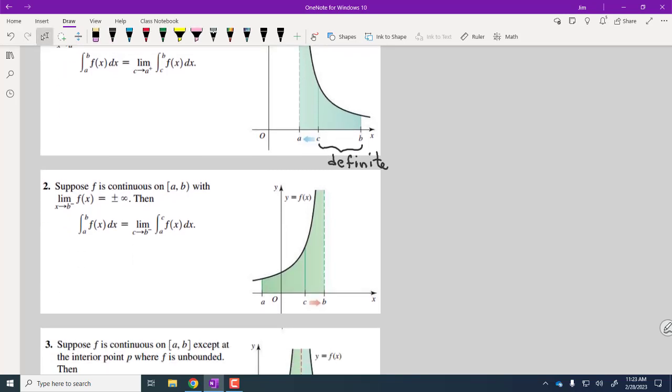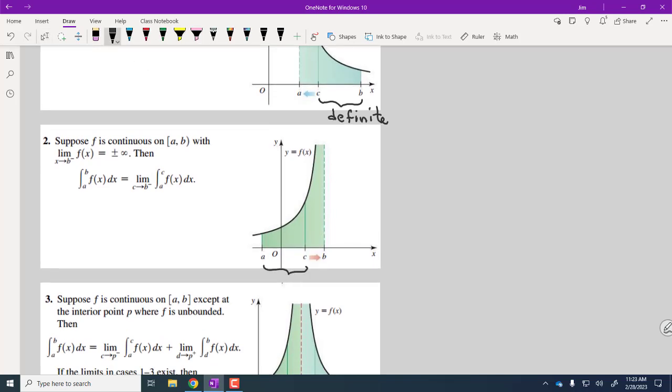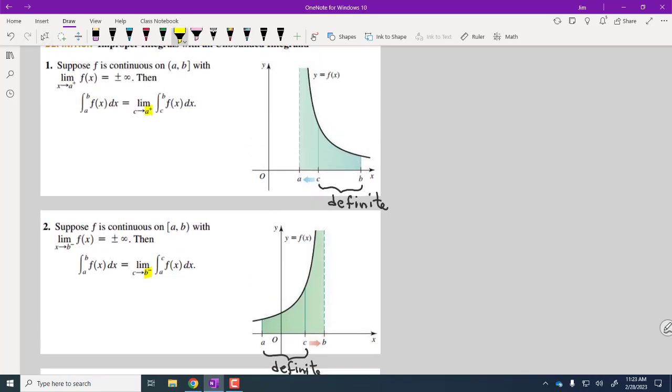If the vertical asymptote's on the right side, same idea. There's our definite integral. And then we're going to let c approach b from the left side. So really important here is that we are dealing with one-sided limits. So that's an important thing.